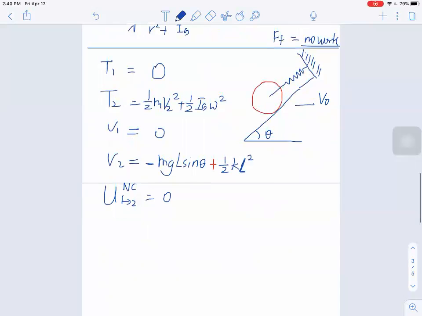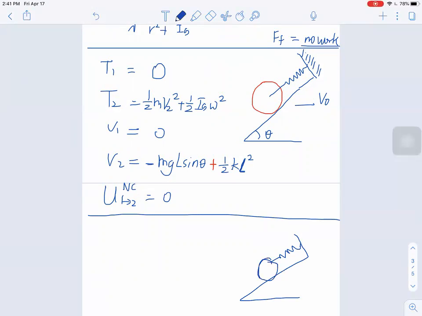And I can also make this problem a little bit harder. Still have this slope, and the spring, which is unstretched at position 1, and this disk. Now this time, how about this disk is connected with a box.